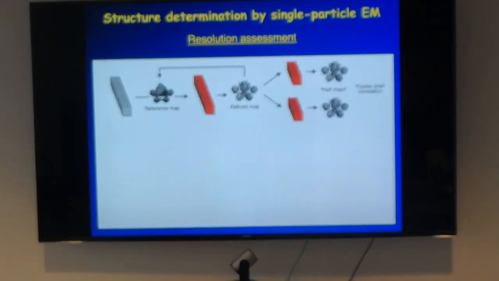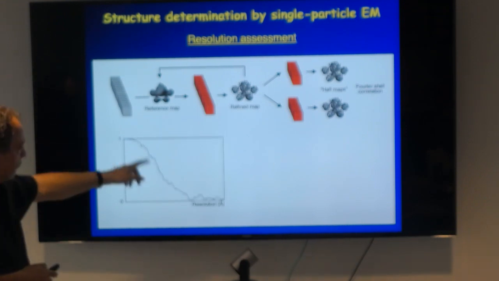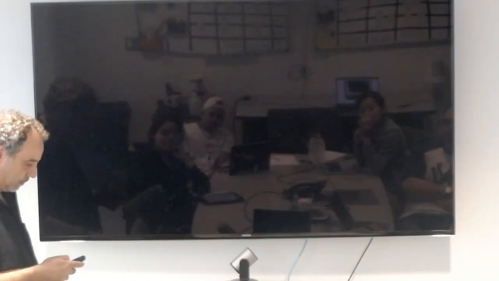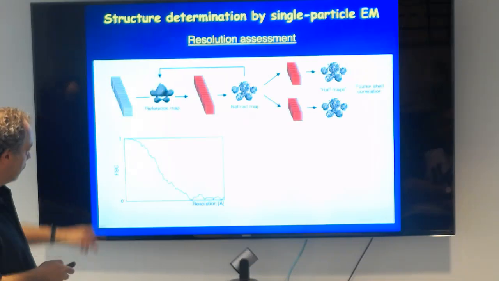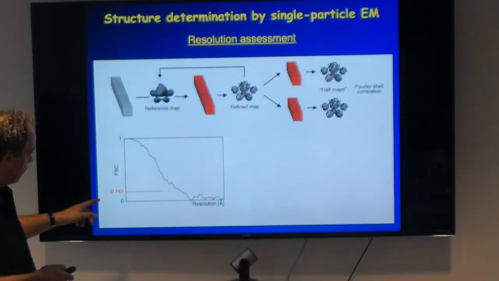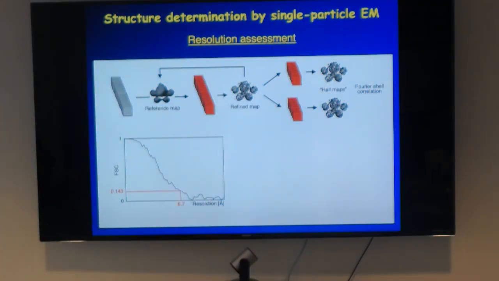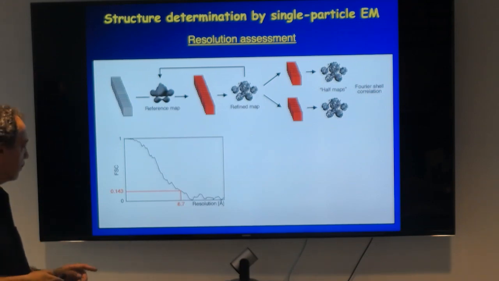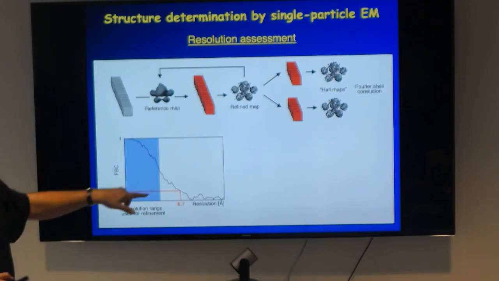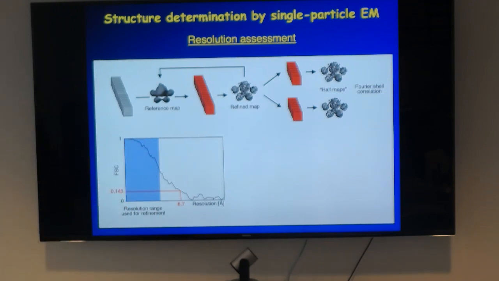The point that I want to make is that even if you would do it this way, you can still get the correct resolution. You do the same thing, you do the Fourier shell correlation, and you can still use the 0.143 criterion, and you can still get the right resolution. The only thing you have to do is only use a sub-region of the density map to refine.